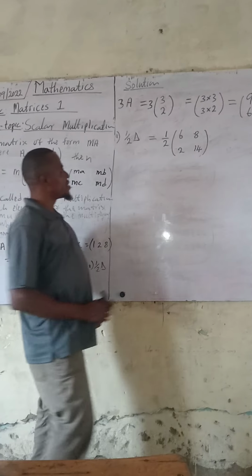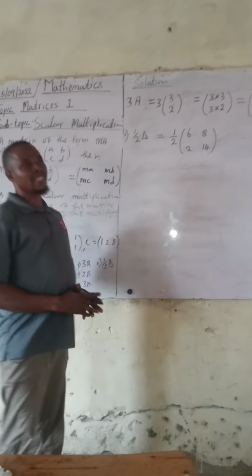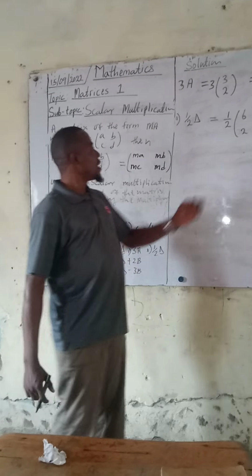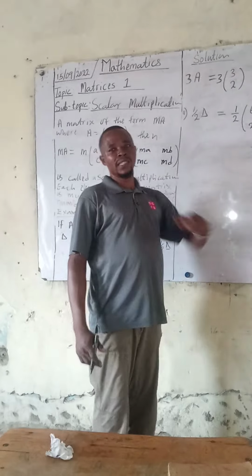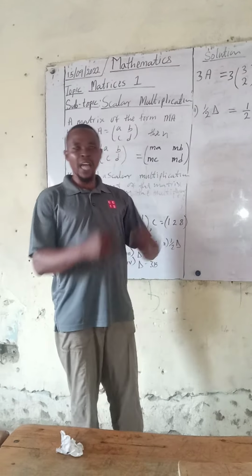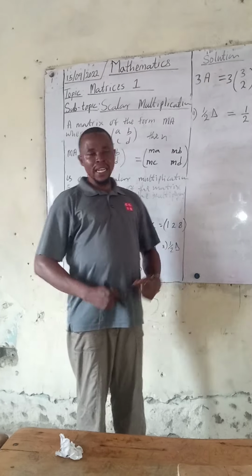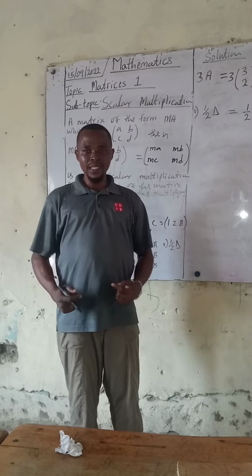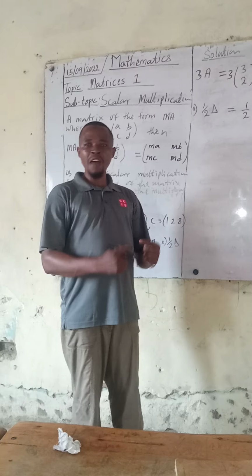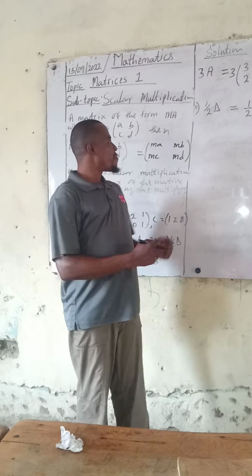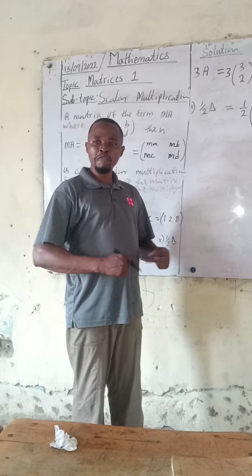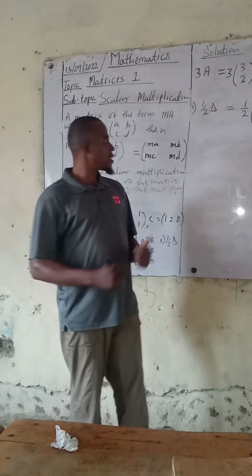In mathematics, as a science student, you need to understand that when you are multiplying any number with half, it means you are looking for the half of that particular number. That is 1 over 2 times 6, it will give you 3, because half of 6 is 3. 1 over 2 times 8 will give you 4, because half of 8 is 4.